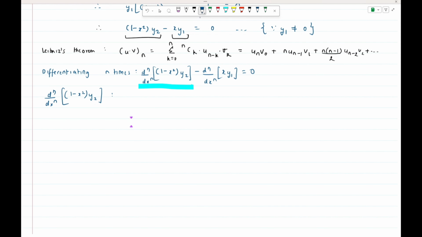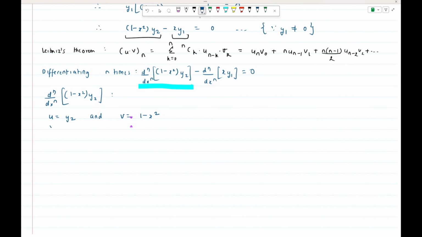Now over here we need to make a choice of u and v. We always choose the function v as the one whose derivative is going to vanish faster. So over here we can see that we have a polynomial 1 minus x square, and its derivative is going to become 0 faster. So we are going to say that u is equal to y2 and v is equal to 1 minus x square.